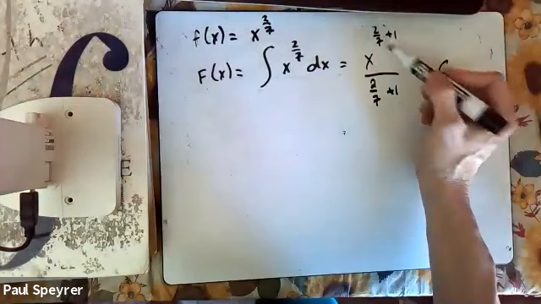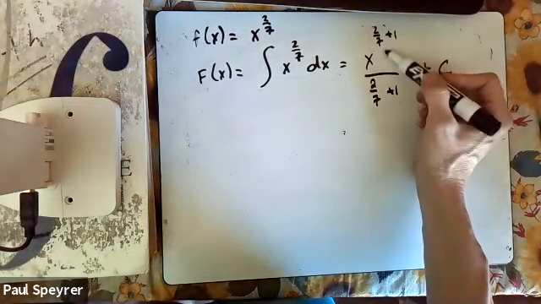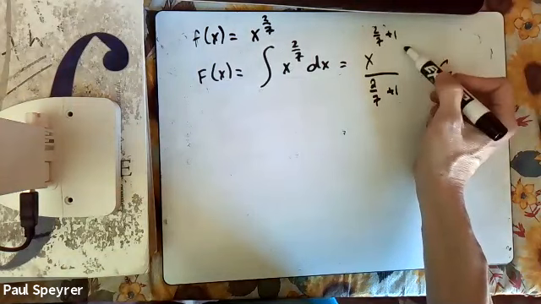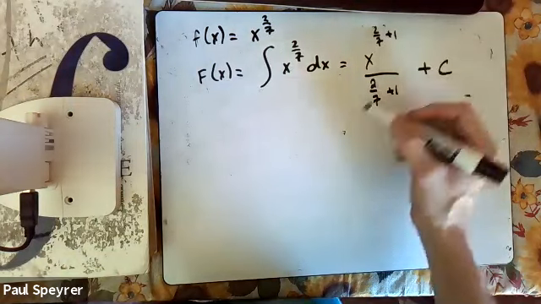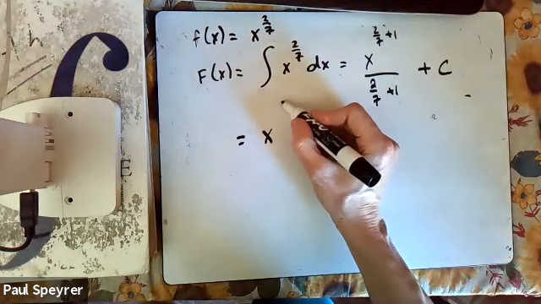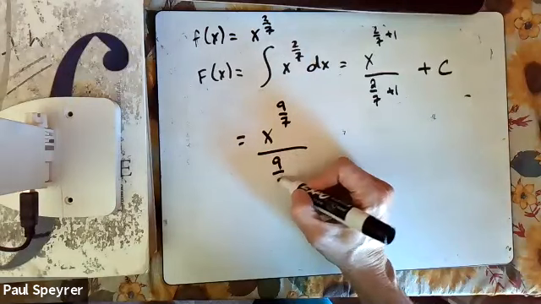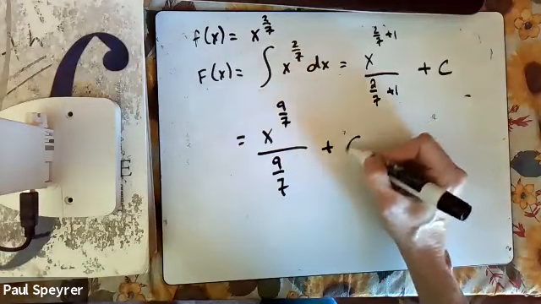So what is 2/7 plus 1? Remember, saying 2/7 plus 1 is the same thing as 2/7 plus 7/7, right? 7 over 7 is still 1. So what does this become? This becomes x to the 9/7 over 9/7 plus c.